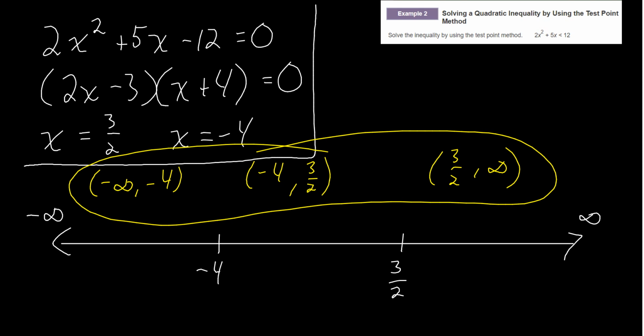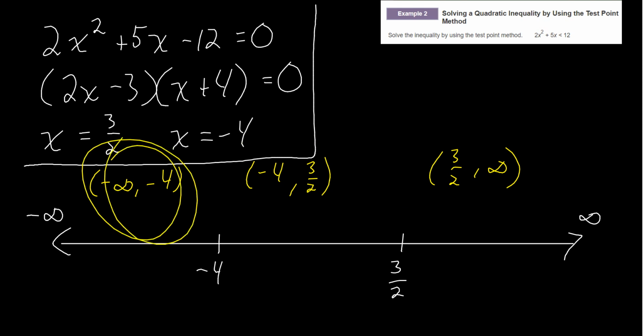In order to figure out what the interval actually is, we're going to have to figure out a test point. A test point is going to be within the interval, and I would always choose the smallest absolute value number. What I mean by that is we have negative infinity, -4.